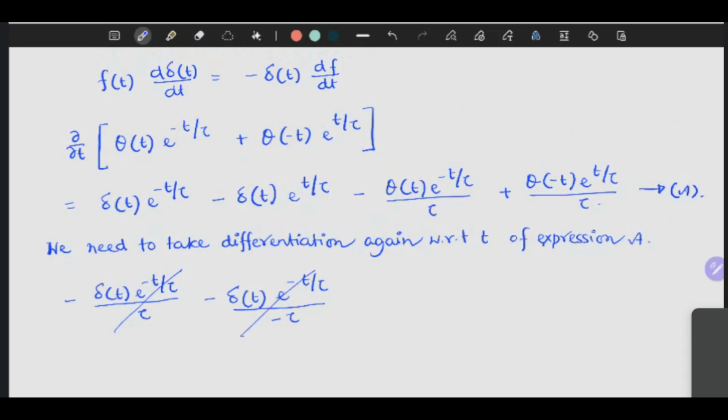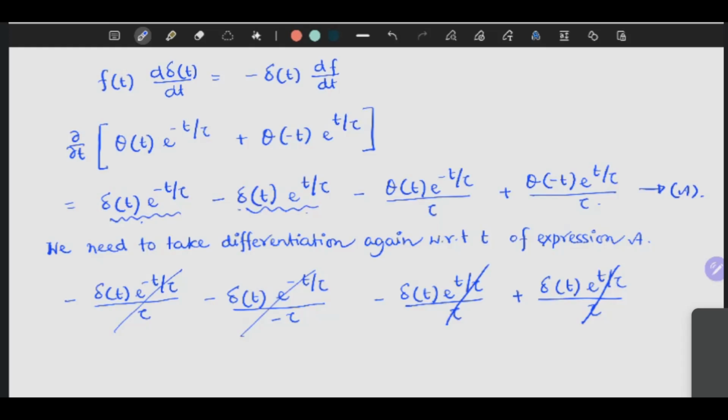Similarly here, for the first thing, this will be minus delta of t e to the power t by tau, and this will be minus, so again d dt of delta t makes delta t df dt t by tau. So for these two terms, there will be no expressions.